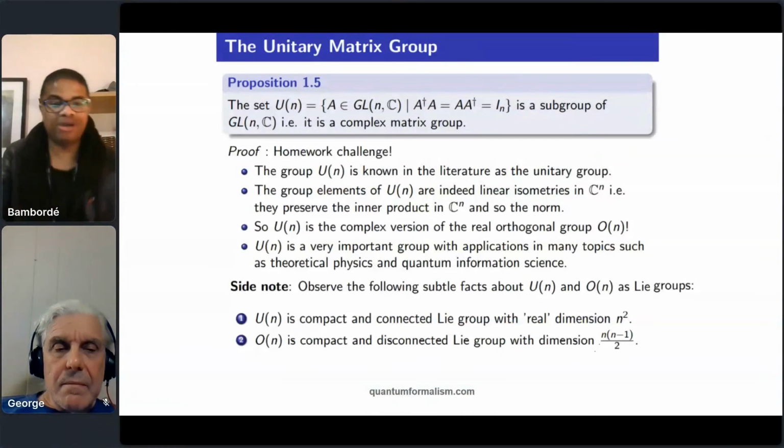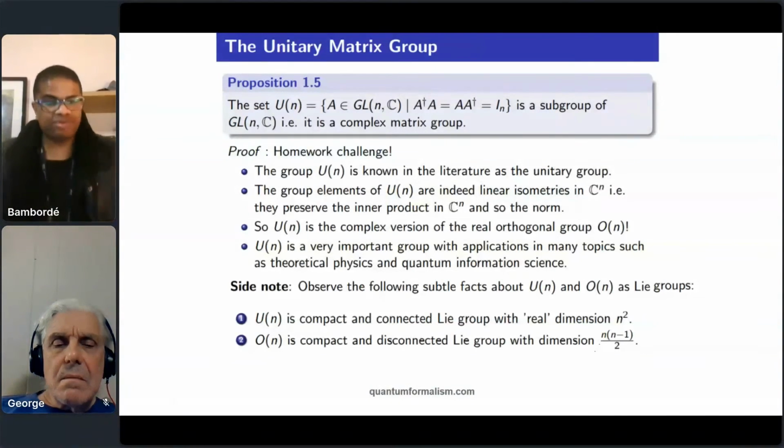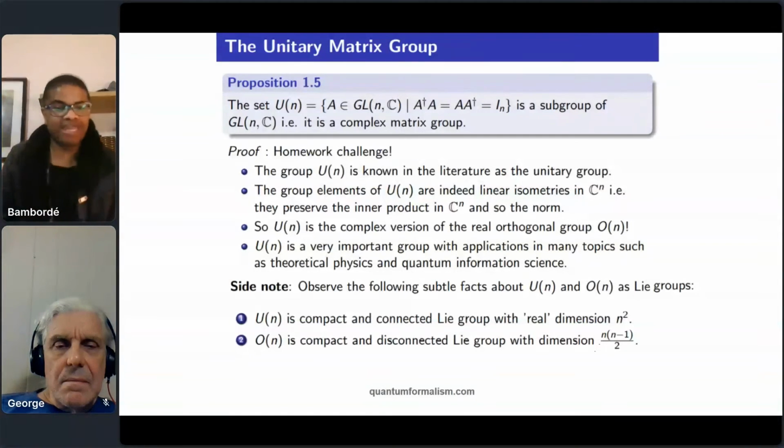But this is just to show you how interesting it is. Algebraically, you might look and say these things are more or less the same, not much difference, but as soon as you add your topology lenses, you start to see some very interesting stuff. And this is just a scratch of the surface of what you will see when you take the Lie group course.